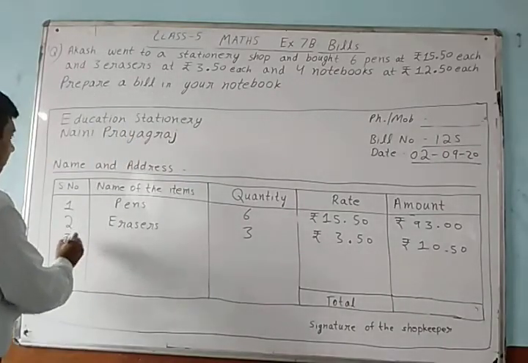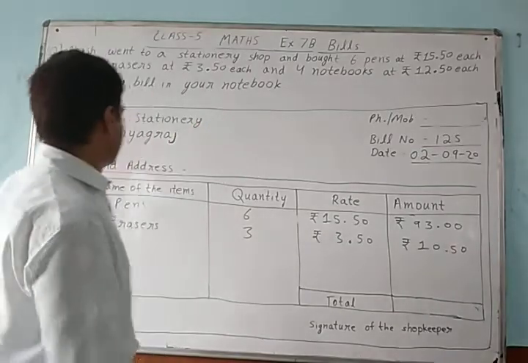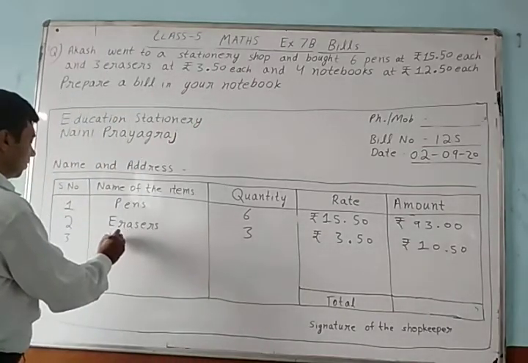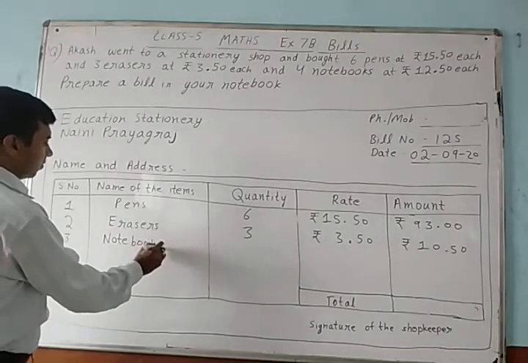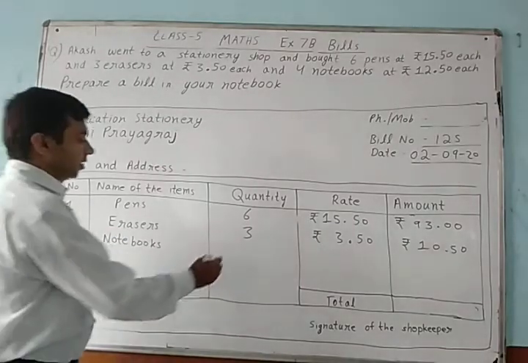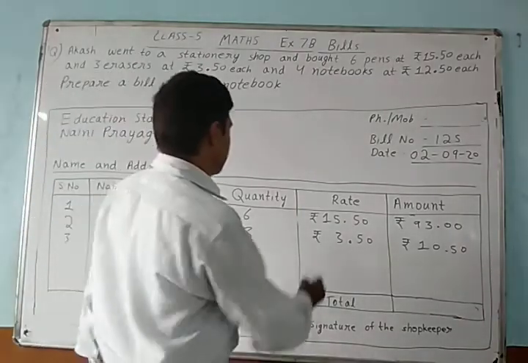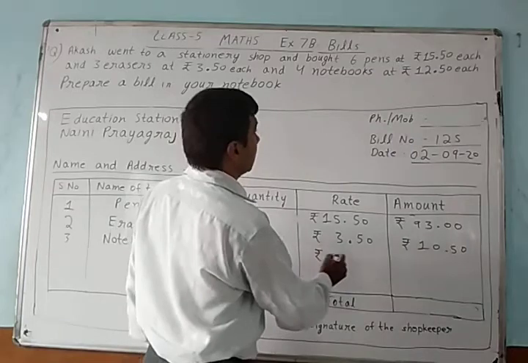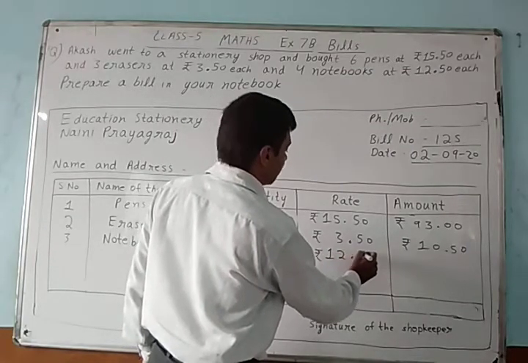Third, notebooks. Our item is notebooks. Quantity 4. Rate 12 rupees 50 paise.